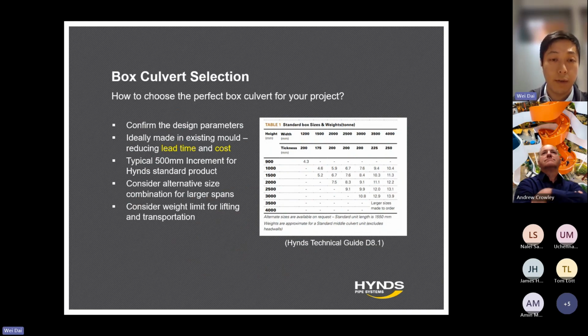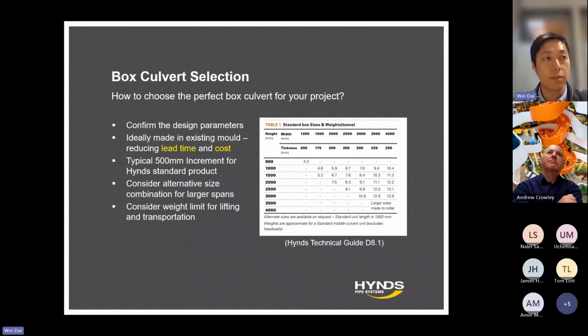After we confirm design parameters, ideally we would want the box culverts to be made in existing moulds from your manufacturer. This is to reduce the lead time and cost on your project, so you don't have to procure a new mould for the box culvert, which will extend your lead time and cost.